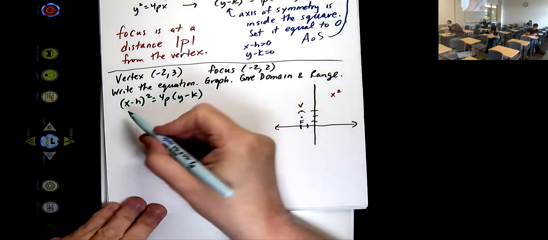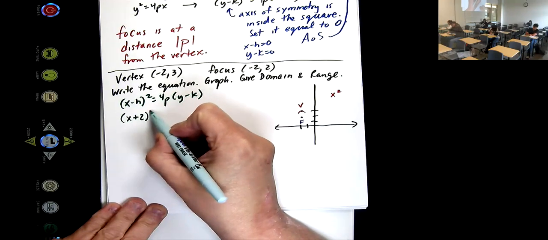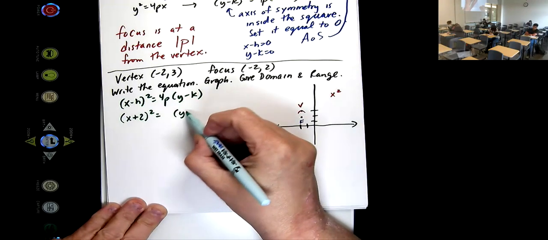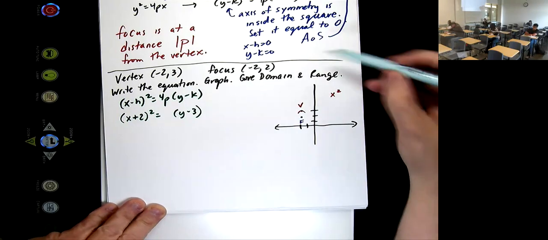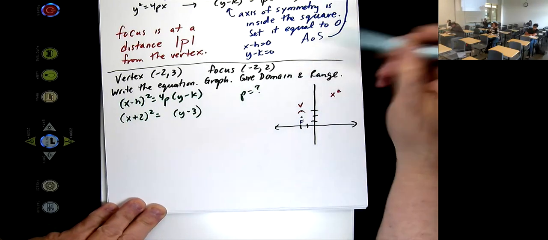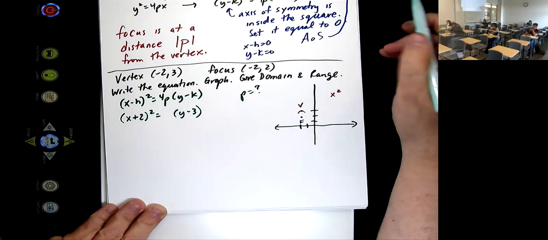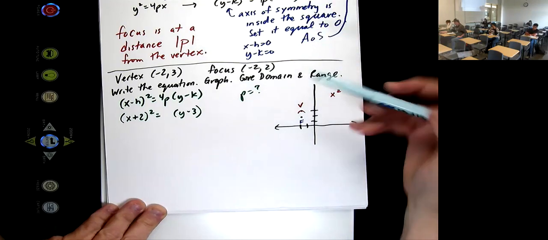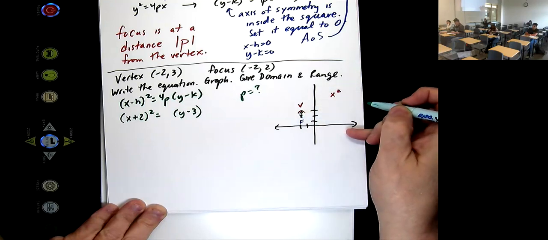I have h. h is -2, so this turns into x plus 2 squared. And k is 3, so I have y minus 3. What about p? The focus is at a distance p from the vertex. How far away is that? 1.